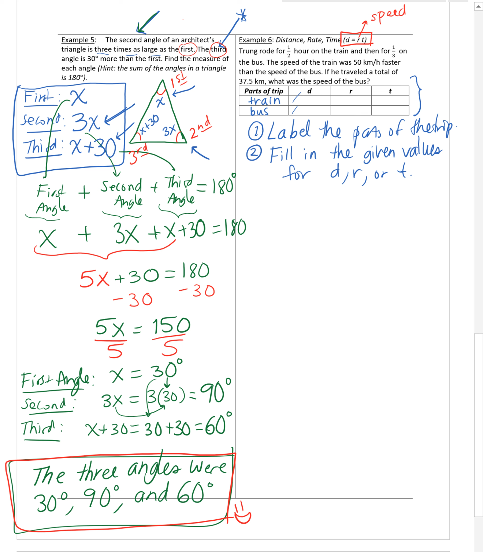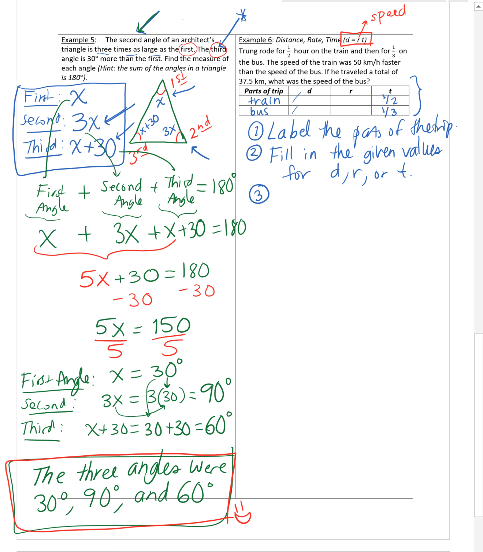At the beginning of the problem they said he rode for 1/2 an hour and then for 1/3 of an hour. That's time, right? So under time I'm going to put 1/2 an hour for the train and 1/3 of an hour for the bus. Every time they give you a problem like this, there should be just one thing that you can fill in right away.